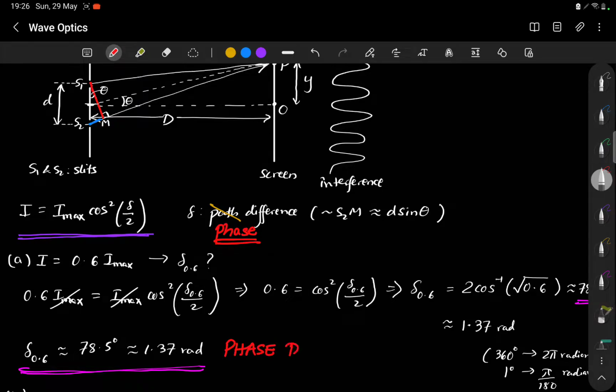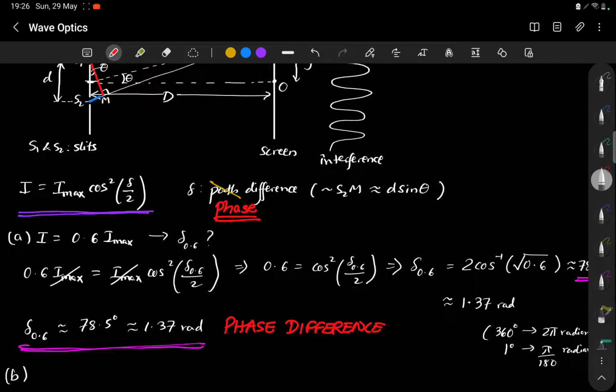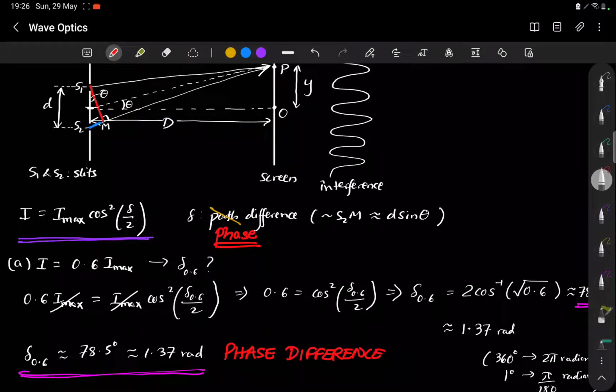Let me correct myself. Pardon me for making a mistake in the beginning. And this is path difference.